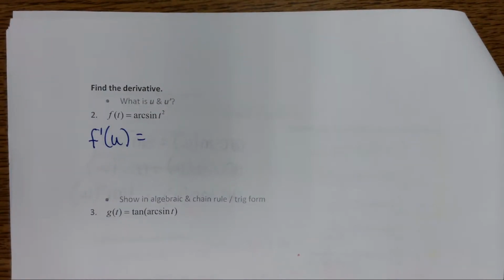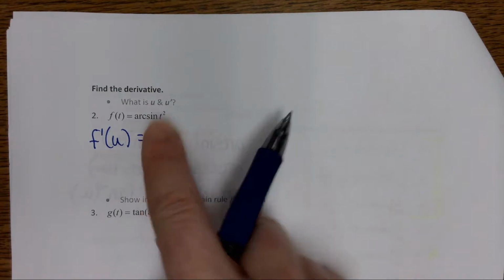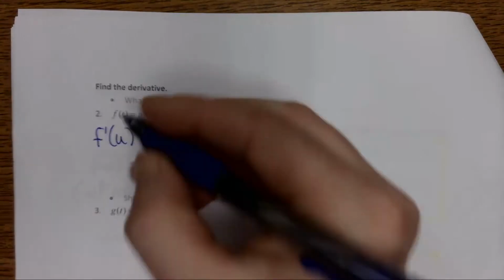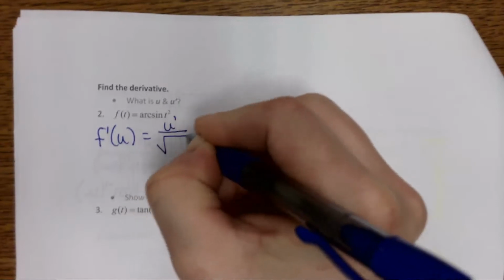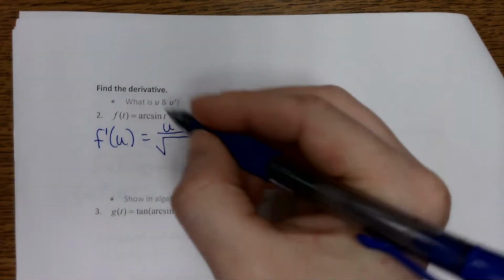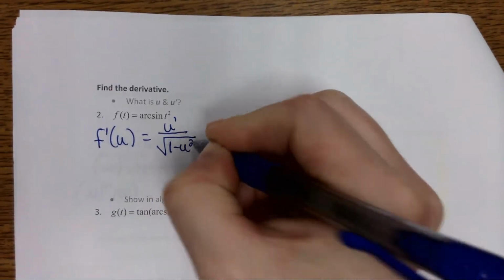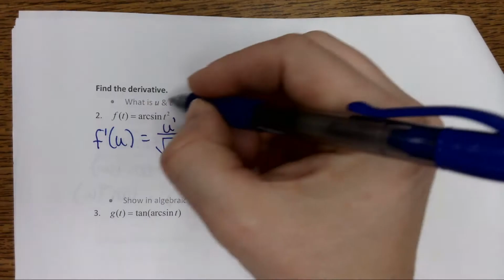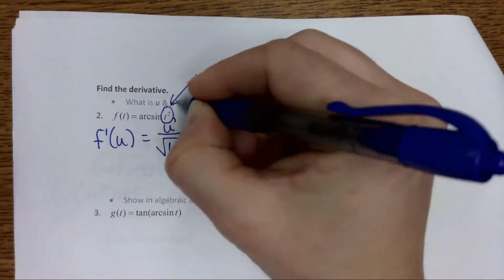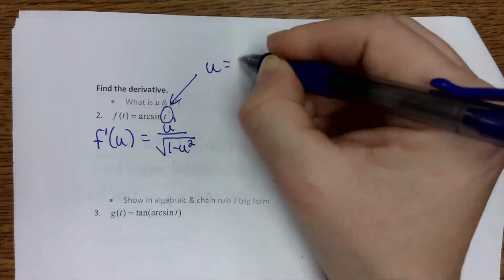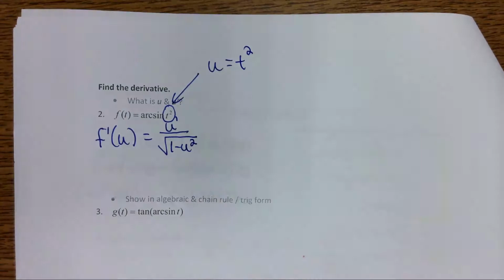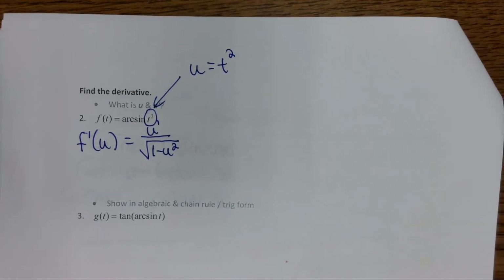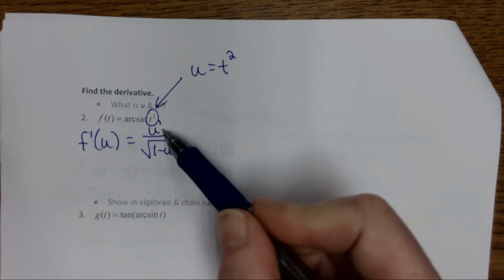The derivative of arc sine from the very top is u prime, that's just du, over the square root of 1 minus u squared. U just represents the function. So in this case, u is t squared. So that's what I'm going to put in my u spot. And I'm going to need to multiply by the derivative of u, though.